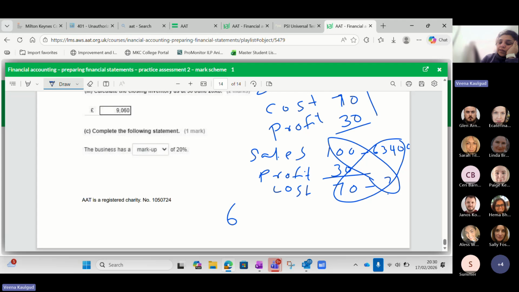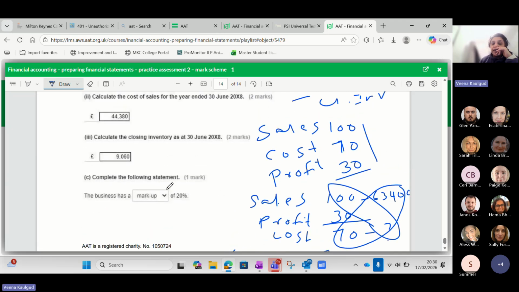That makes it 63,400 multiplied by 70 divided by 100, basically 70%. That makes it 44,380.